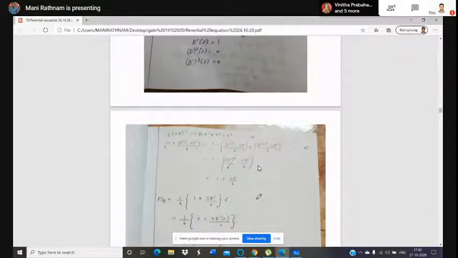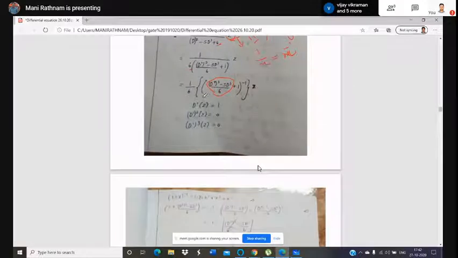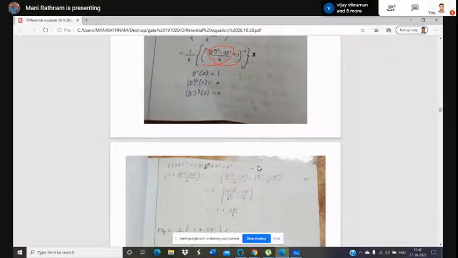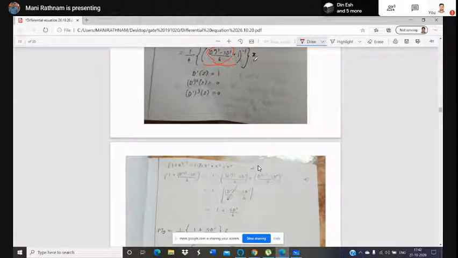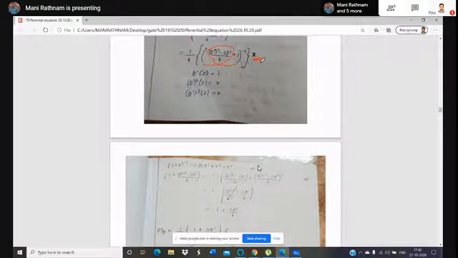Now take this formula. This is an infinite series, and it should be reduced to a finite series based on the RHS function. Here the RHS function is z. You should find out how many times differentiation goes to 0. The differentiation of z becomes 1. The second time differentiation with respect to z becomes 0, and the third time 0.